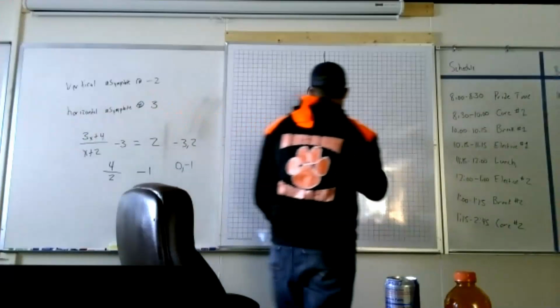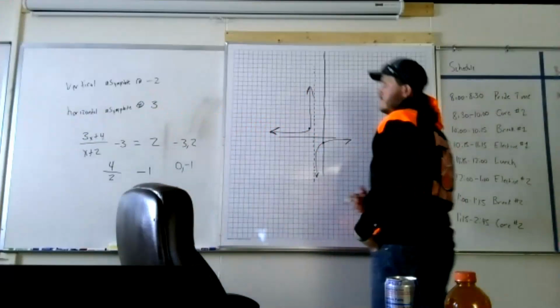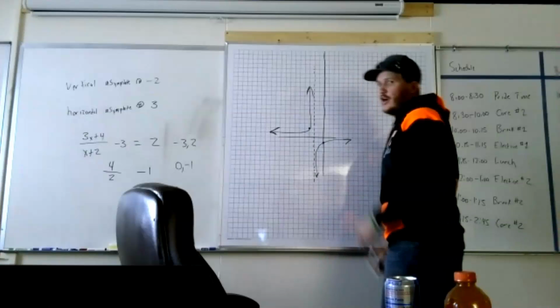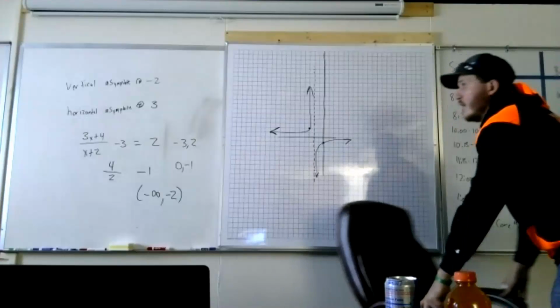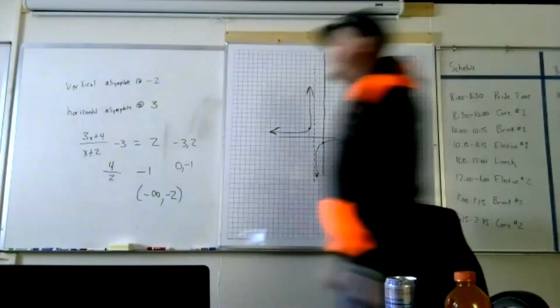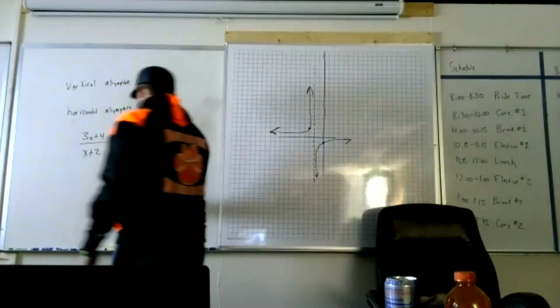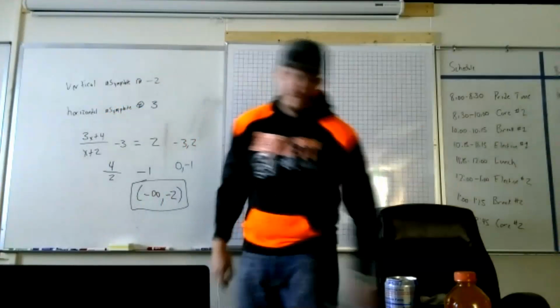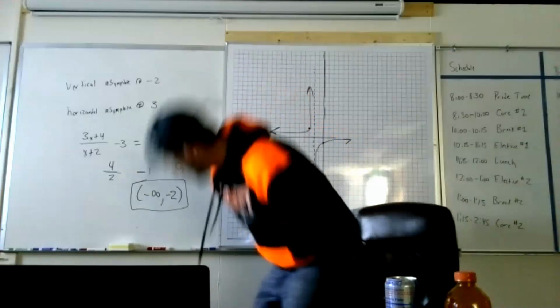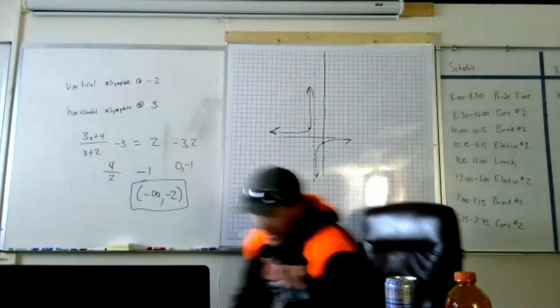So I approach that value, but I can never touch that value, because that makes my equation undefined. My chair's in the middle of where I wrote it, but this here should be our answer: from -infinity to -2.